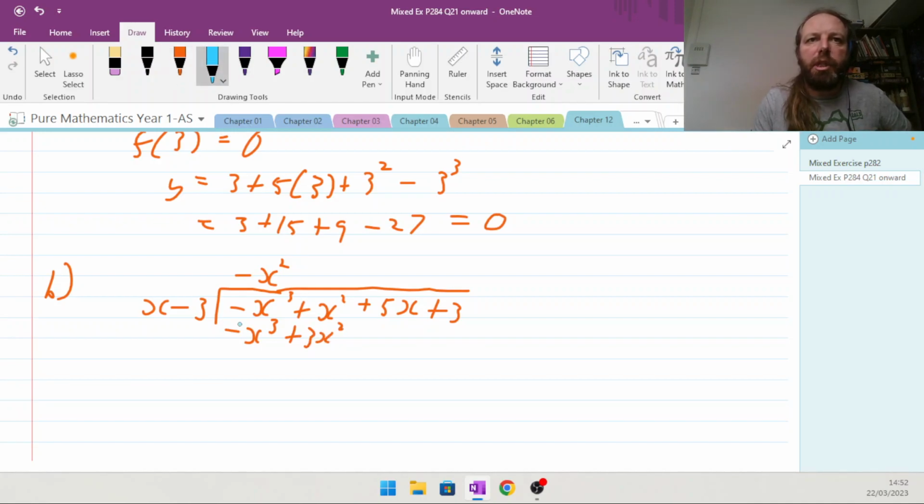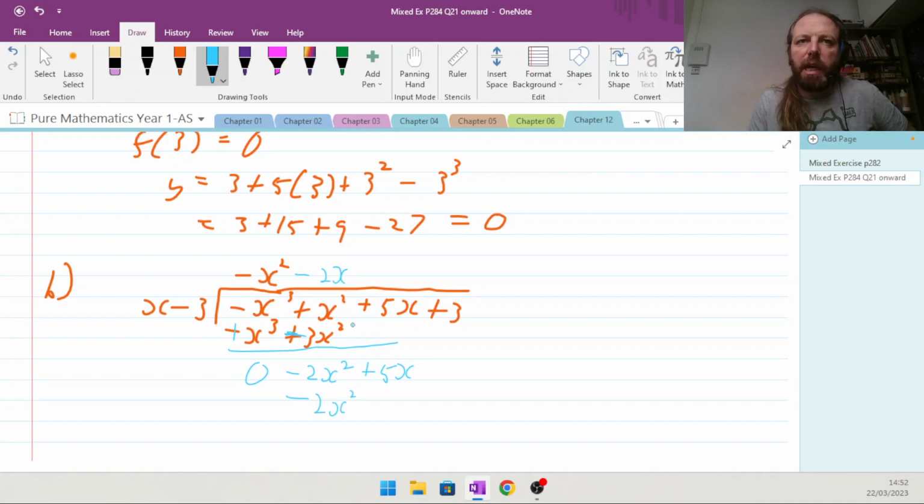When you do the sign changes on that, you will end up with 0. That's become a minus, so minus 2x squared, and we bring down the 5x. Okay, x into minus 2x squared is going to be minus 2x, so that gives us a minus 2x squared and a plus 6x.